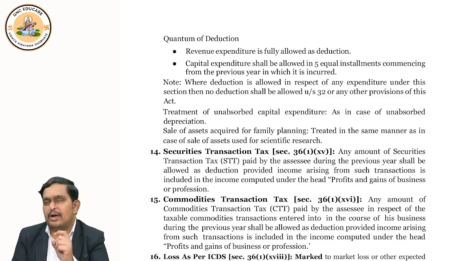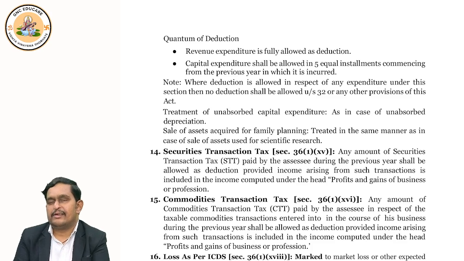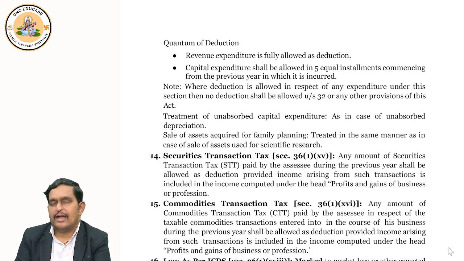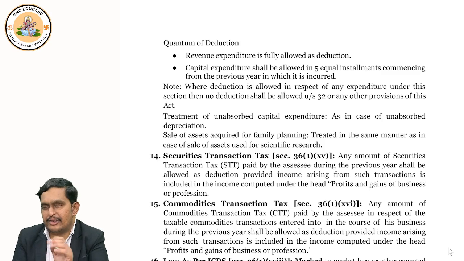Now when you solve the problems, sometimes the employer may be a sole proprietor and he incurs family planning expenditure for the employees. In that case, revenue expenditure is allowed as deduction under section 37, not here.